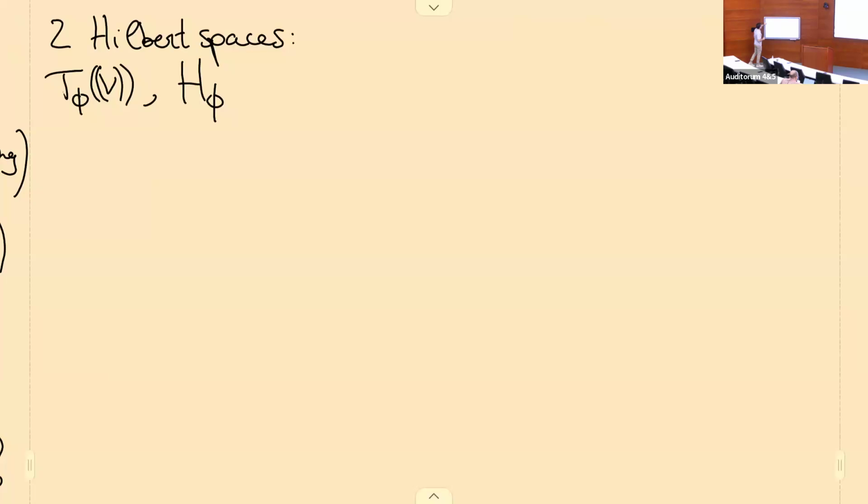So these are two different Hilbert spaces, but there is a theorem that you can prove, but I'm not going to do it.